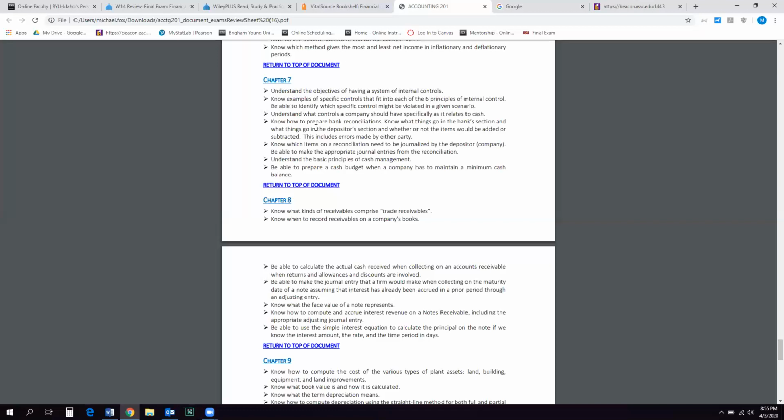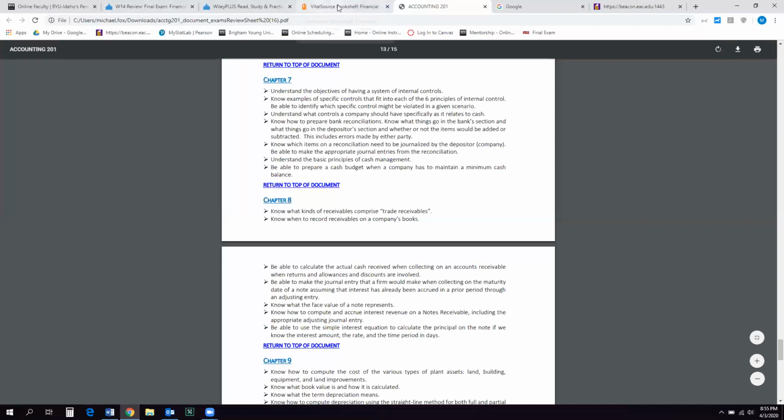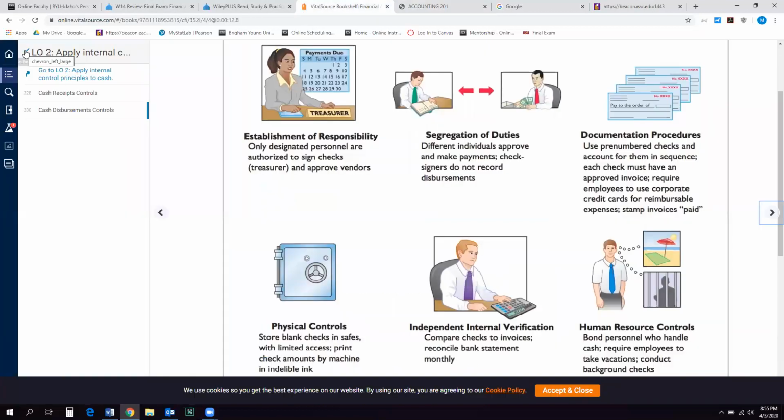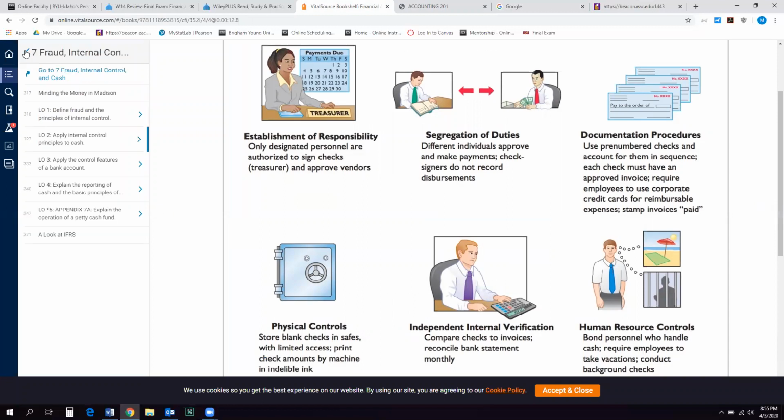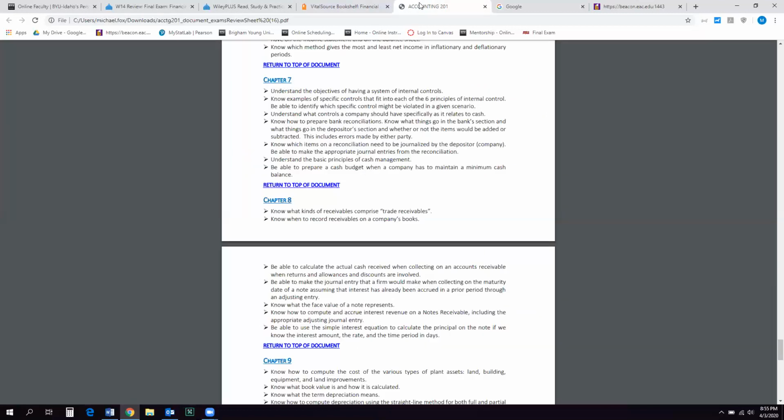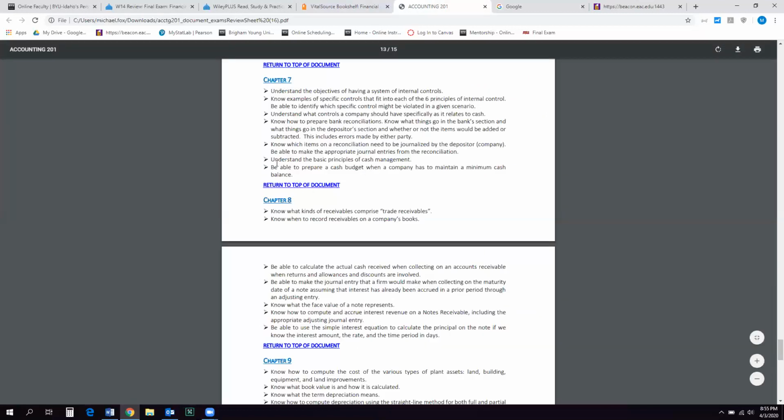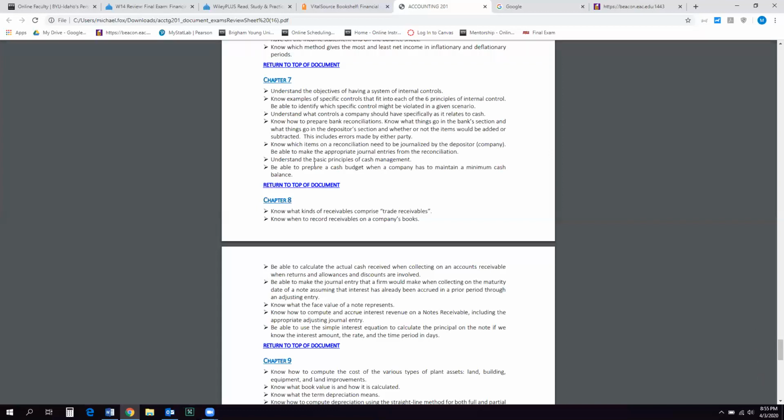Understand the basic principles of cash management. Again, this is stuff where the book wants you to know these things specifically. This is actually what I just went over in learning objective 2 here, cash management. And then be able to prepare a cash budget when a company has to maintain a minimum cash balance.